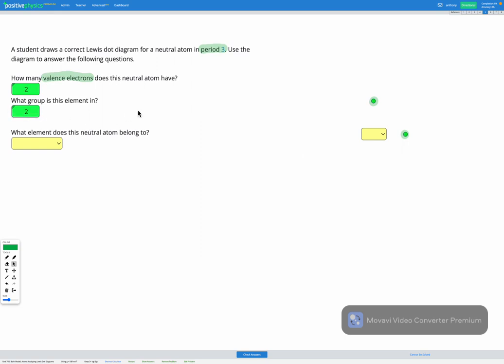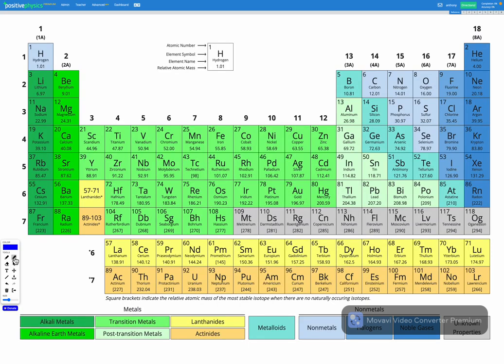Okay, so at this point, we know that it's in group 2, and we've been told in the question that it's in period 3. So to figure out which element it is, we're going to have to go to our periodic table, and we're looking for something that's in group 2 and period 3.